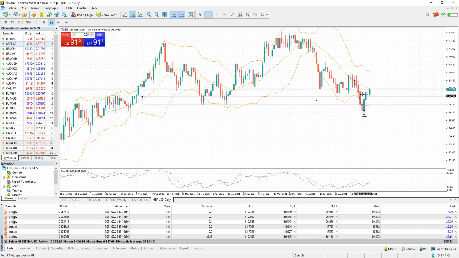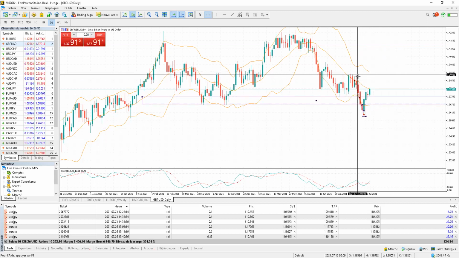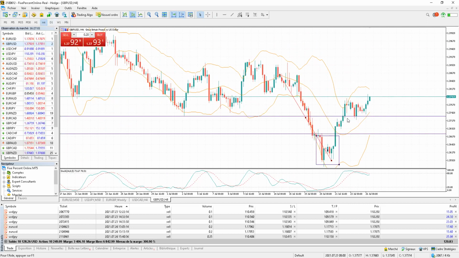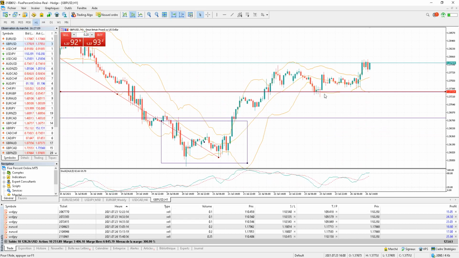Maybe here there was a daily support just here, something like that. It was the daily support on the H1 as well.